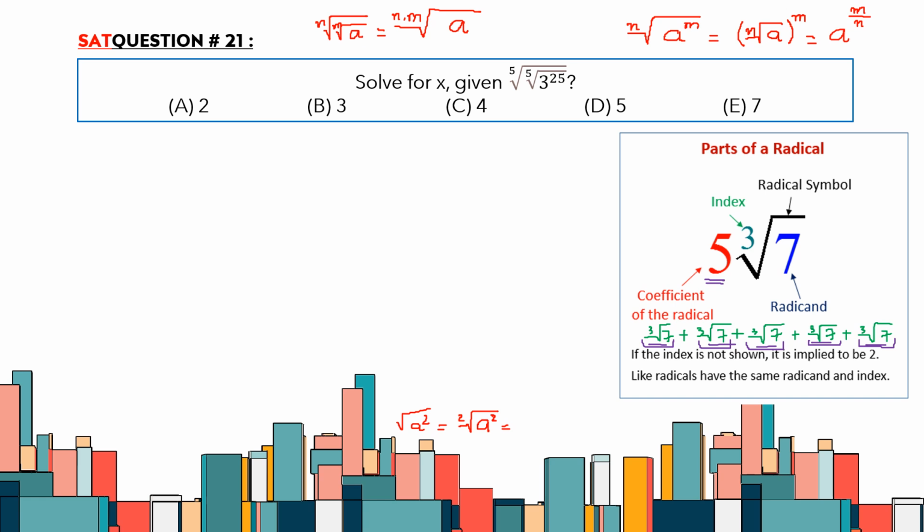And as long as the index is equal to the power, you can cancel the root and the power at the same time and get one factor of that number. So this one will be a.